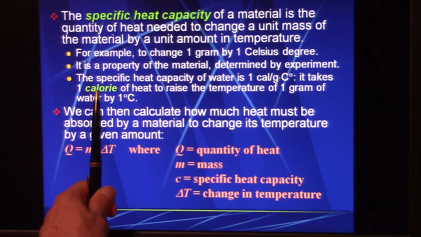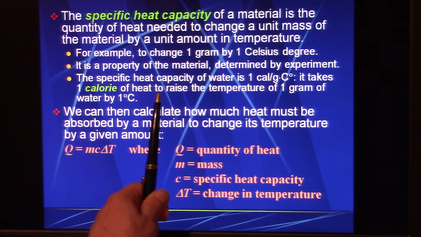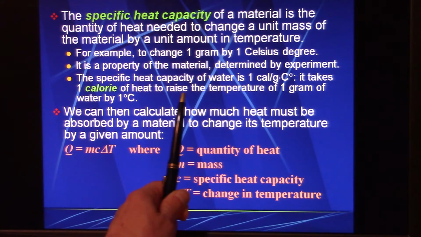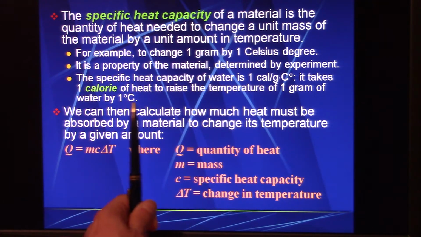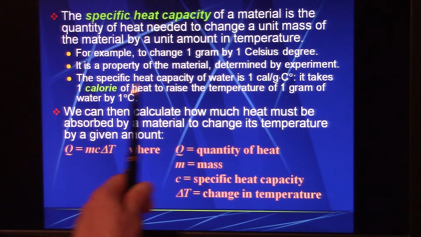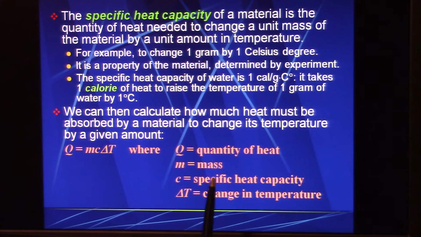Different materials have different specific heat capacities. For water, 1 calorie, right, of heat, right? It takes 1 calorie of heat to raise the temperature of 1 gram of water by 1 degree C. Different substances will have different calories to raise 1 gram of that substance by 1 degree C. Okay?